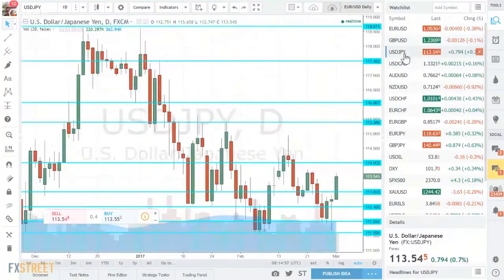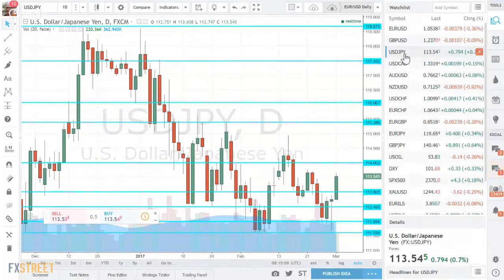Dollar yen volatility is even higher than the previous two pairs, currently rising about 80 pips on the day. So volatility is certainly nice here. 113.50, resistance at the round number of 114, followed by 115.40, which was a high in January, and this is followed by an older line of 116, even higher, 117.50, and the ultimate cycle high is 118.67.